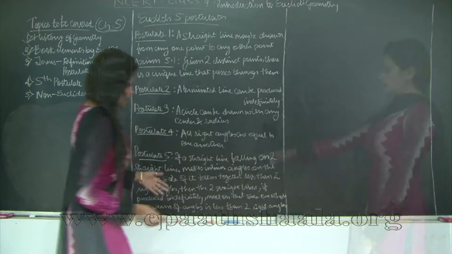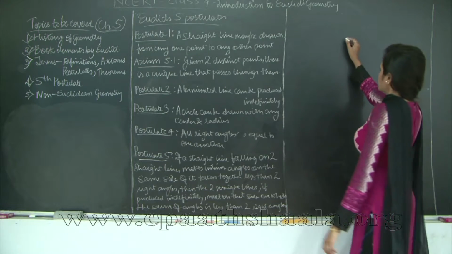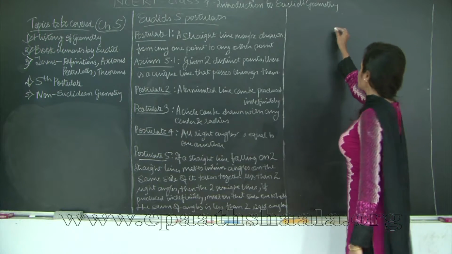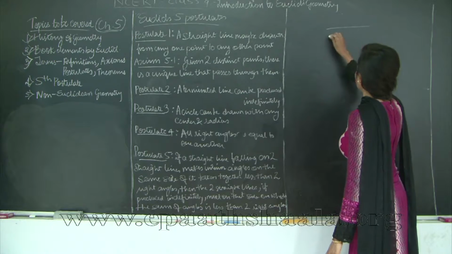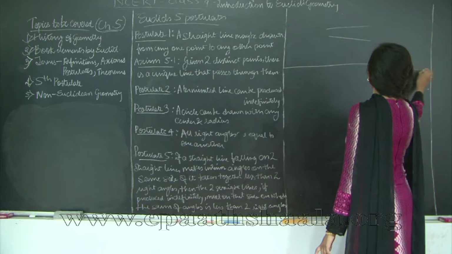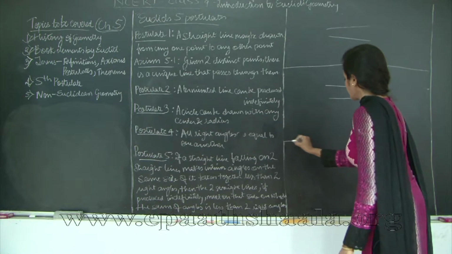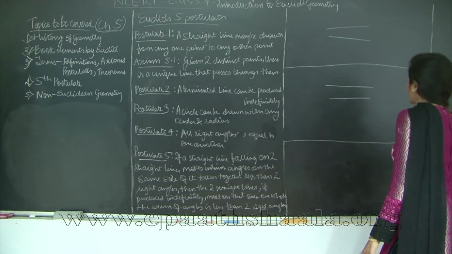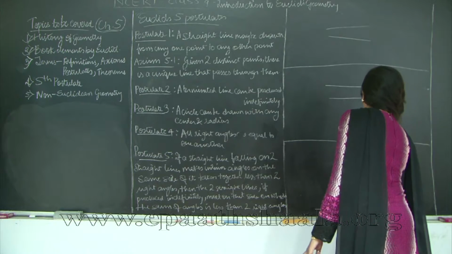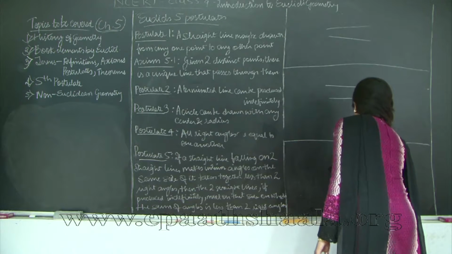So let's read it. If a straight line is falling on two straight lines, first I'll take the two straight lines. Now my straight lines could be like this, or they could be like this, or they could be like this.